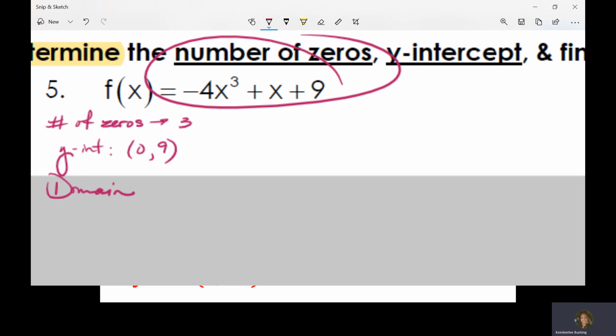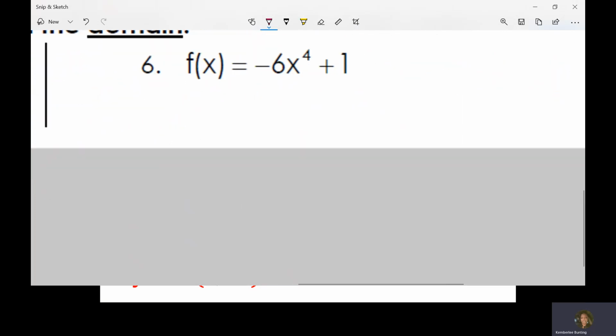Is this not a polynomial? Is this a polynomial? Then what is the domain of every polynomial? From negative infinity to positive infinity. Don't make this hard, y'all. Next.